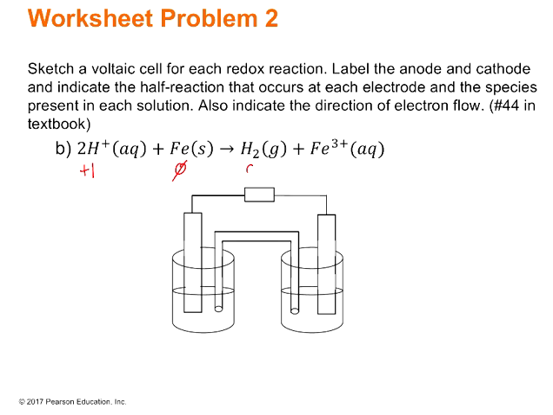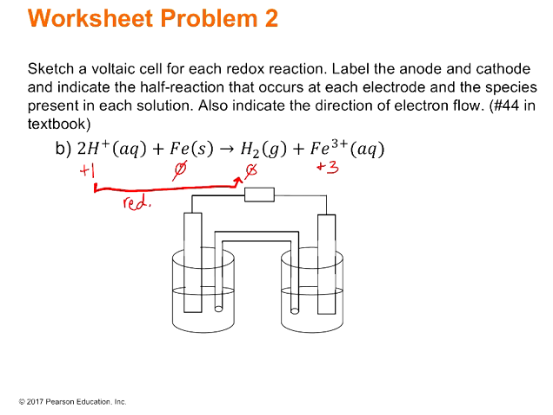And then in the products, hydrogen gas is neutral. It's in its elemental form. And iron is +3. So hydrogen, we're going from +1 to 0. Is hydrogen losing or gaining electrons? Gaining electrons. So that would be reduction.